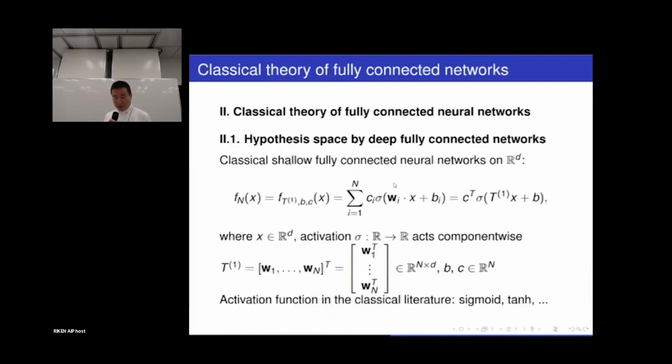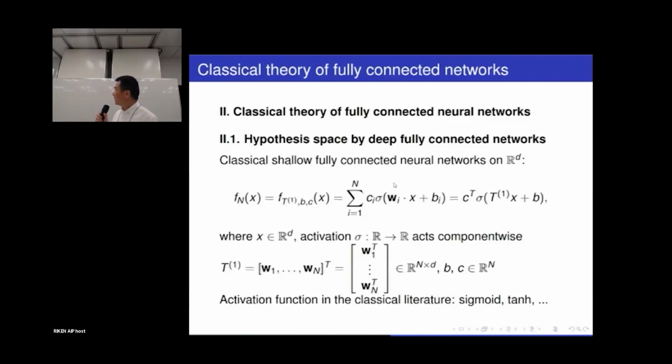So let me review the classical fully connected neural networks. The input X is a vector in R^d. d usually is very large, like 150,000. We take the dot product of this input vector X with some vector to be trained, w_j. w_j dot X plus b_j is one unit, and it is then activated by an activation function sigma.